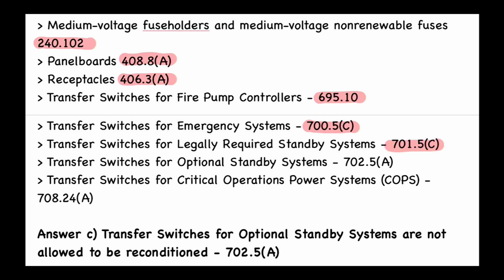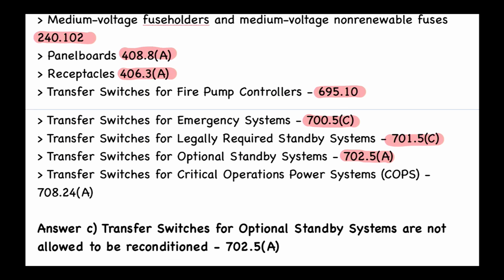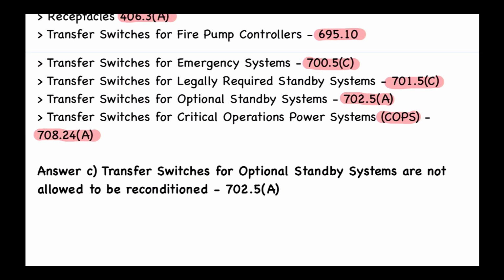Transfer switches for optional standby systems, the one we just did, 702.5(A). And transfer switches for critical operations power systems, also called COPS, 708.24(A). So you can see that this rule of not permitting this equipment to be reconditioned is pretty far-reaching in the National Electrical Code.